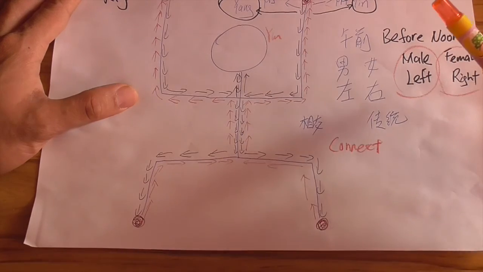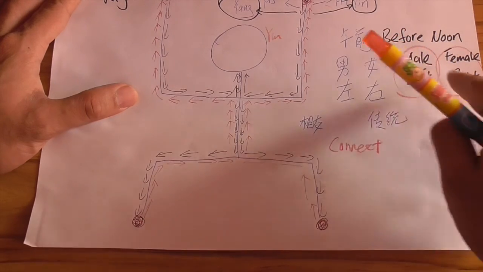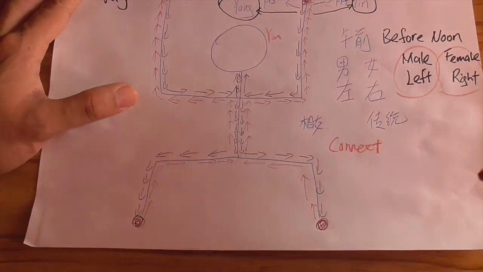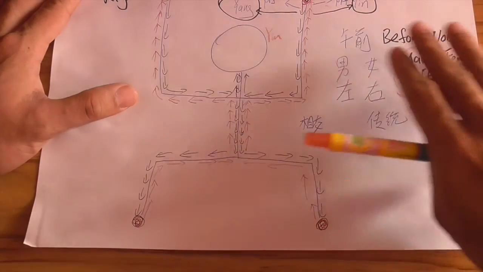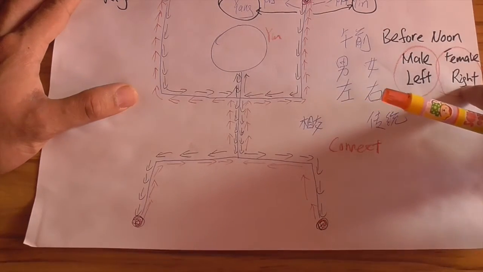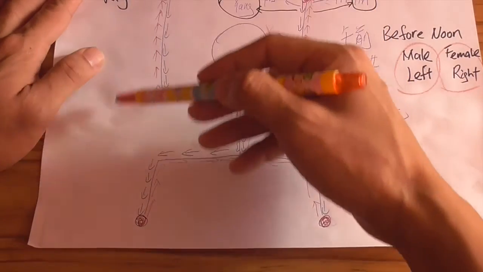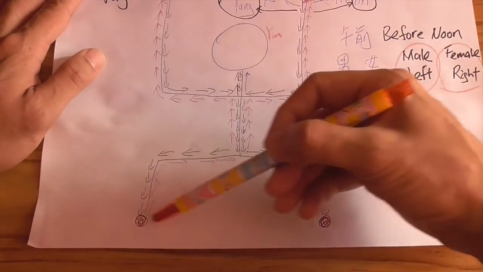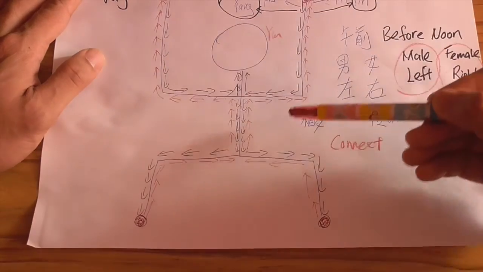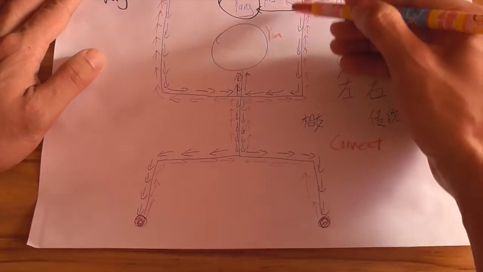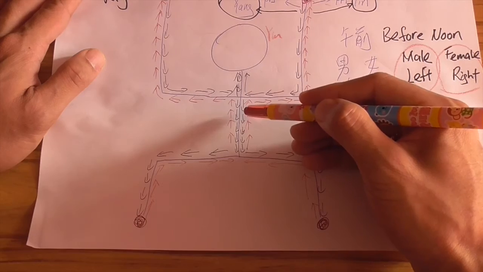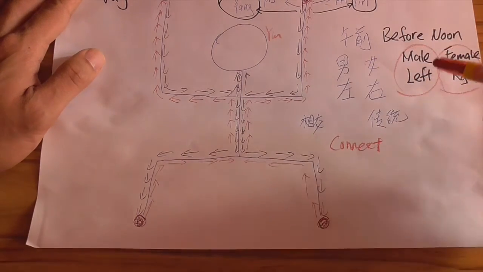Okay, on the female side, I'm going to show you on another paper later, it's more clear. Okay, on the female, the right side is exactly like this. The female left side is the opposite. Okay, now you have to have an idea.